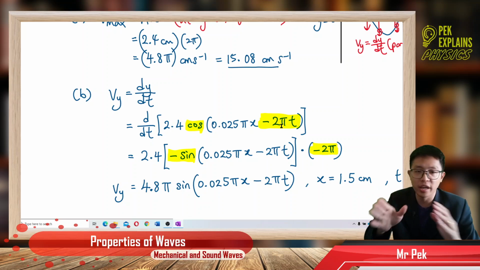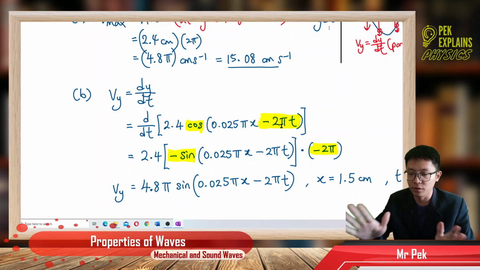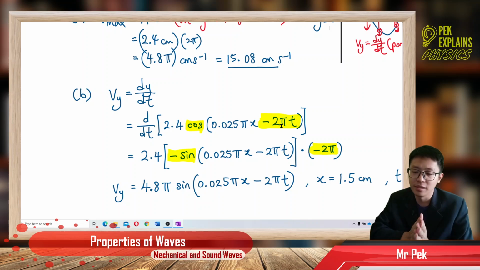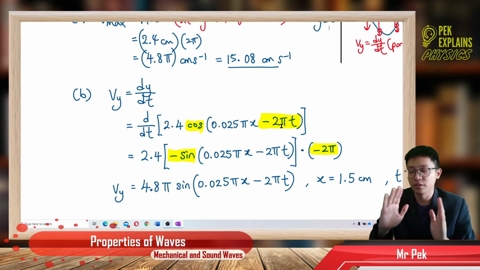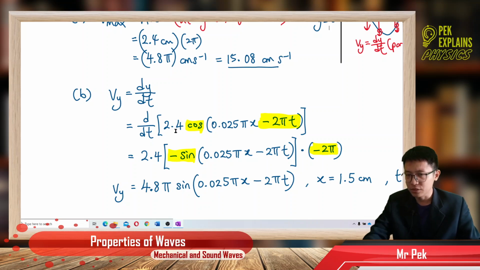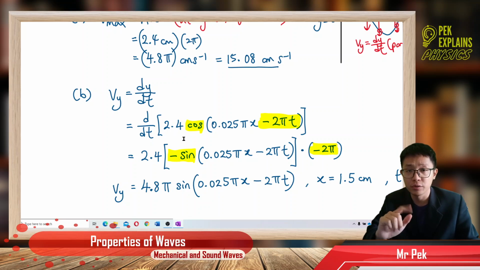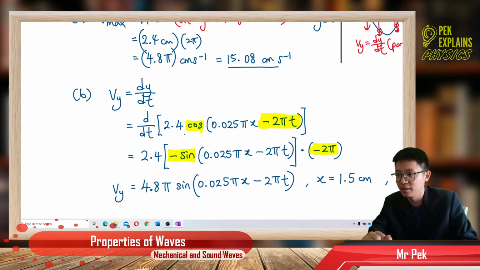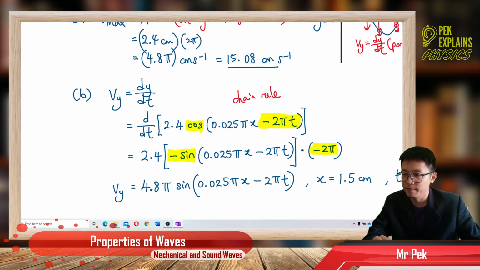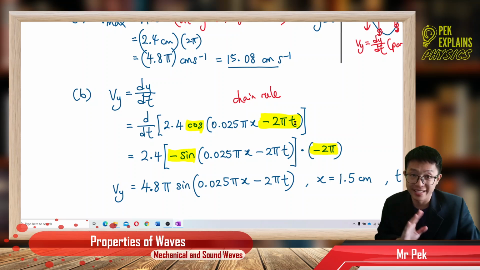This is actually the chain rule, but I'm not going into detail on the chain rule. I'm going to teach you the fast method. I hope you understand what the chain rule is before you do this. That is your task to find out, not me.